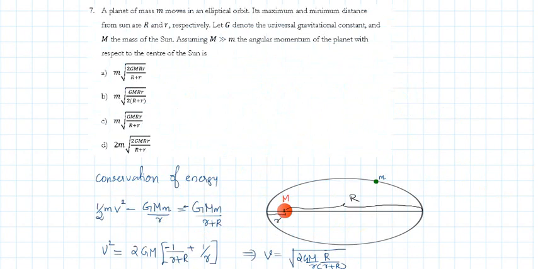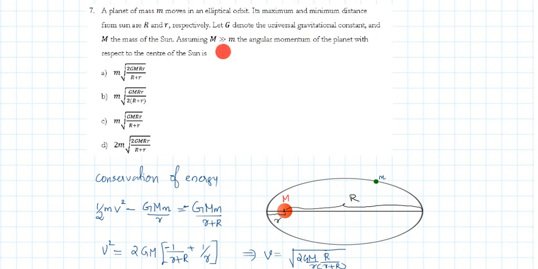Next we will consider a question from classical mechanics. A planet of mass m moves in an elliptical orbit. Its maximum and minimum distance from Sun are capital R and small r respectively. Let capital G denote the universal gravitational constant and capital M the mass of the Sun.